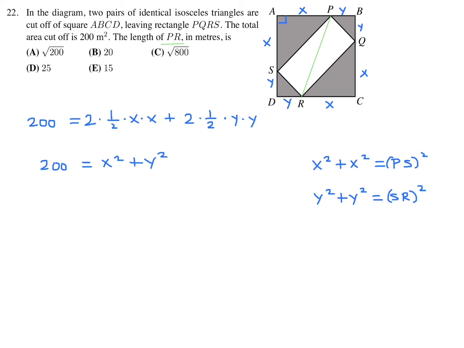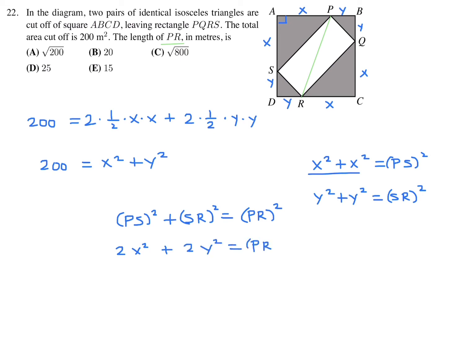Okay, so we got our final Pythagorean relationship, which is PS squared plus SR squared is equal to PR squared. Okay, PS we just figured out was 2x squared, and SR we just figured out was 2y squared. PR all squared. Factor out a 2 and we get x squared plus y squared.